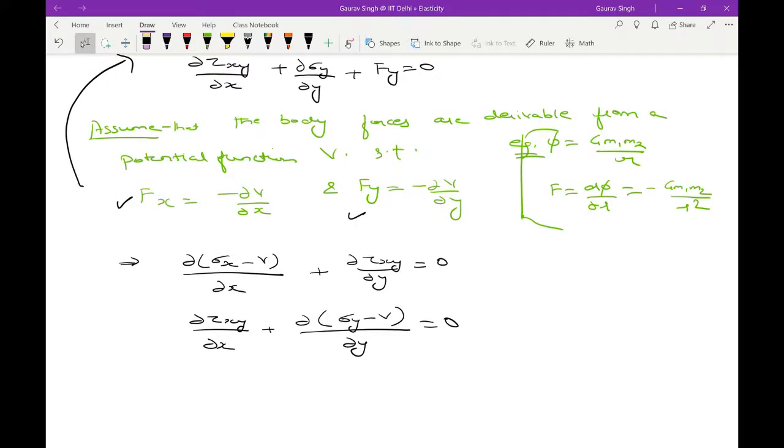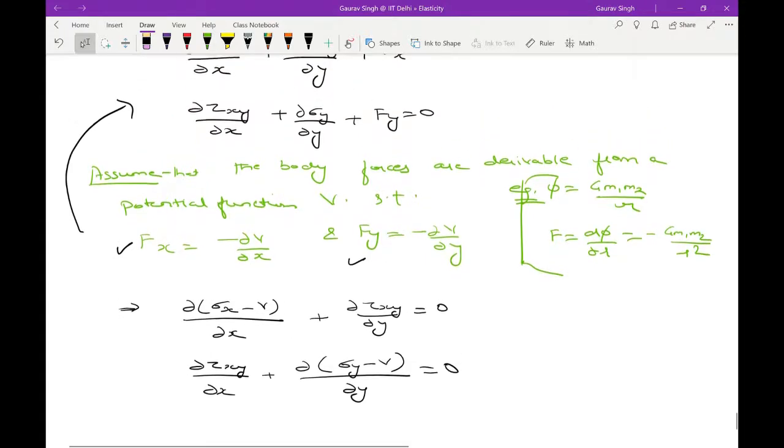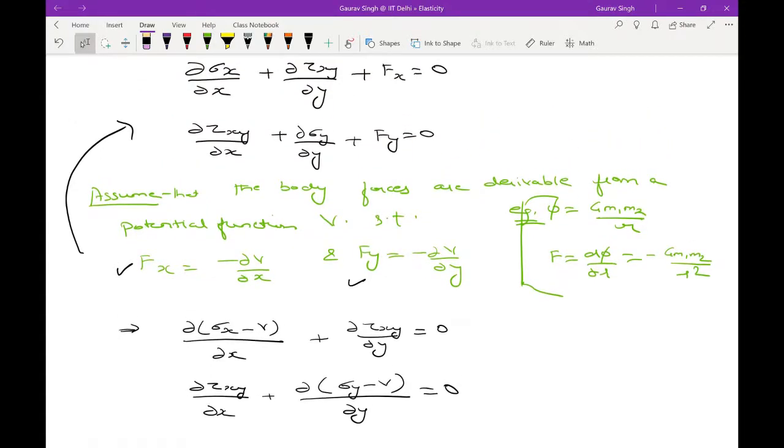Okay, so just putting this body force density into the equilibrium equation gives us this.